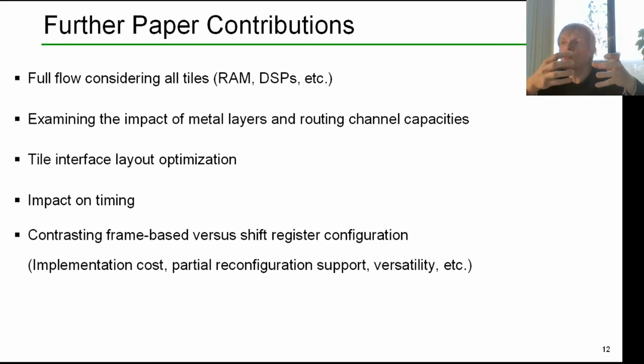Think of you route a wire, let's say, to just the next adjacent CLB or to a CLB that is much further away. That has impact on how much routing or wire resources you use in the metal stack, and we examined the impact of that one and how this can be dealt with.